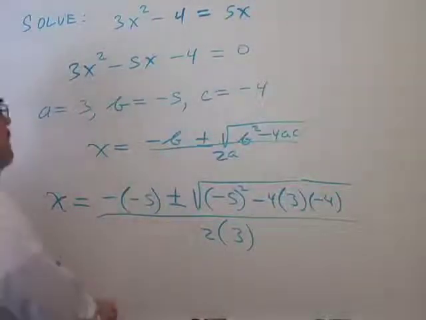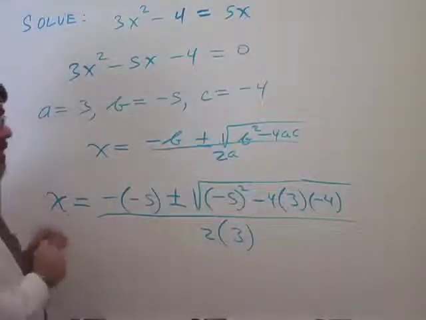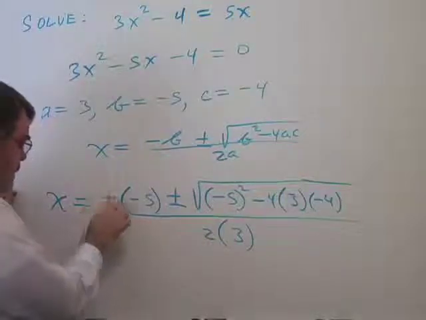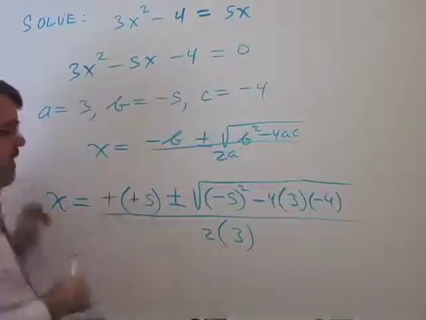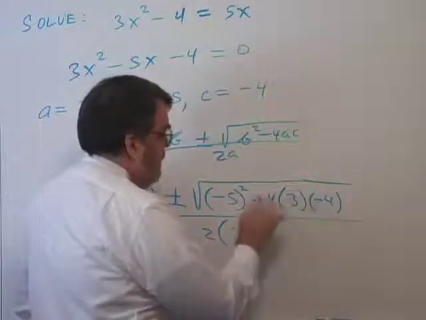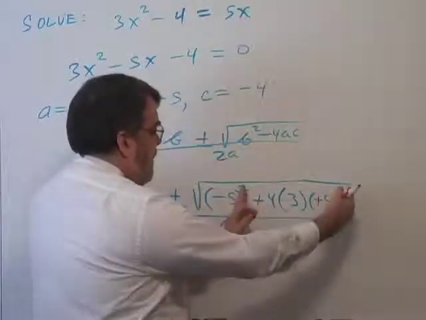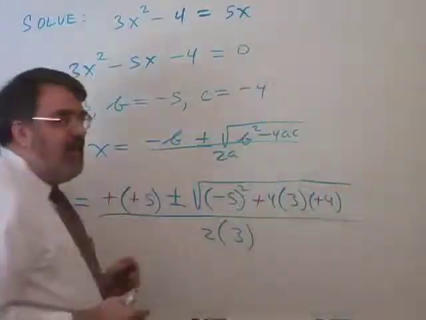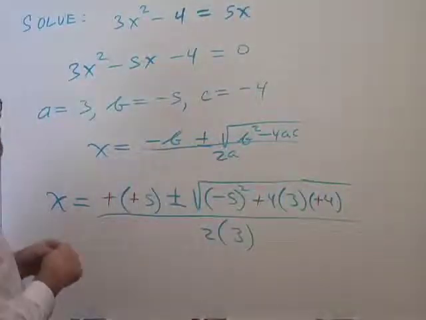Alright, so let's simplify this problem. Now the negatives will cancel there, negative times a negative. And over here I've got minus with a negative. So with two negatives in this product, they will cancel and give me a plus also.